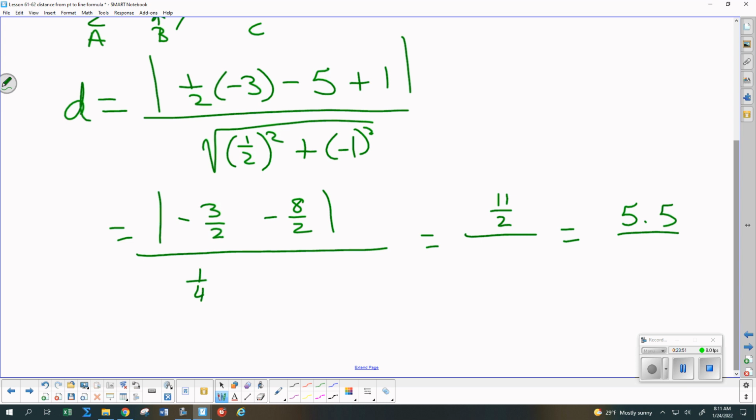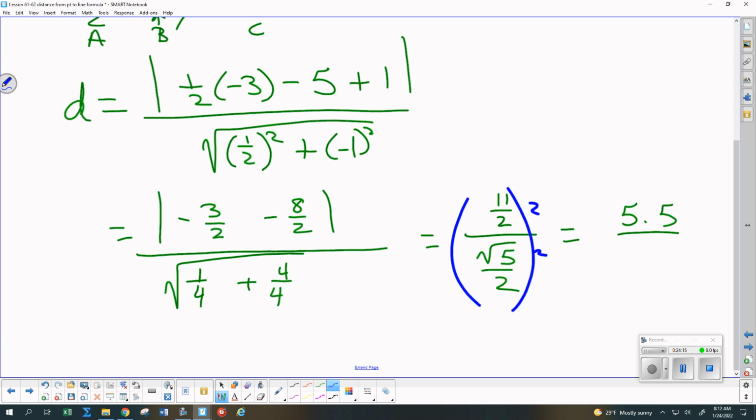Denominator, I'm going to have a 4th plus 1, so that's going to be plus 4/4, and I'm going to take the square root of that. So I have the square root of 5/4, and are we good with that's the square root of 5 over 2? So if I wanted to do it with the fraction form, I could multiply numerator and denominator by 2. 11 over root 5.